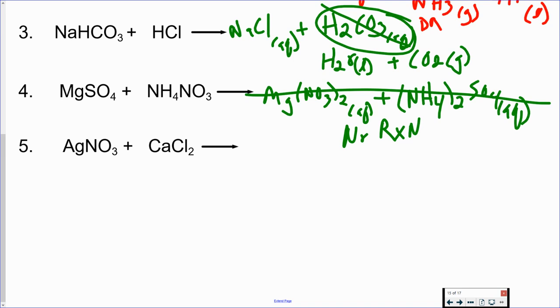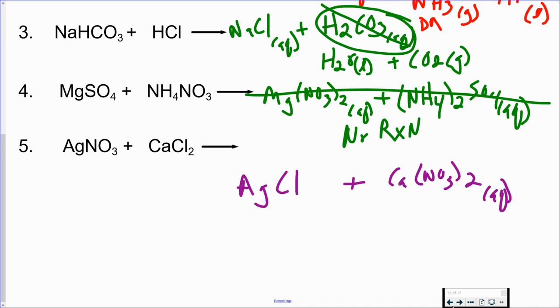Let's try the last one. Last one, you're going to get AgCl plus Ca(NO3)2. This is soluble due to rule number 2, being a nitrate.